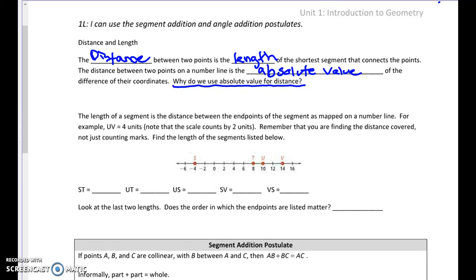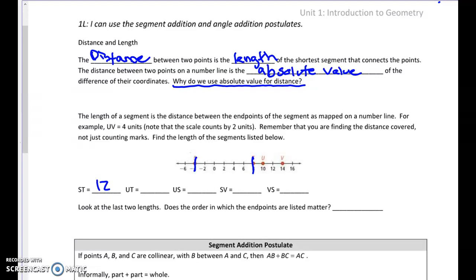So for example, if I'm looking from point S to point T, that's from -6 to 8. If we just were to count along this number line, 2, 4, 6, 8, 10, 12, we get that that's 12. But what if I give you some horrible number like -857 and 62?